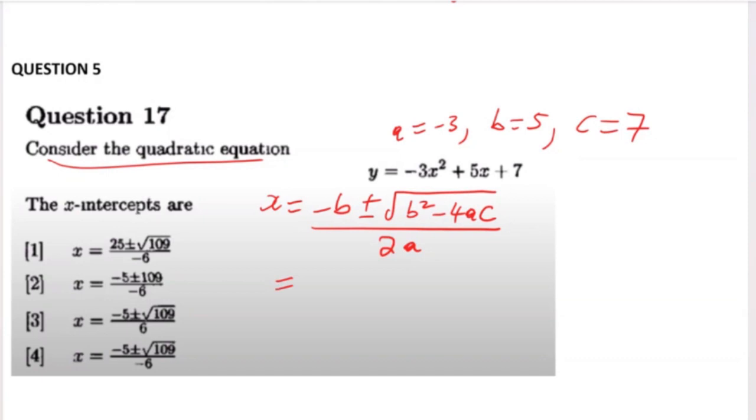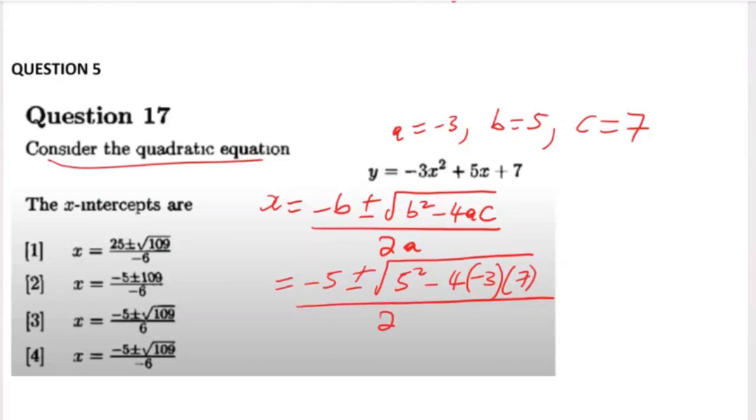Your b is 5, so you're going to have -5 plus or minus the square root of 5 squared minus 4, times a which is -3, times c which is 7, and then you divide that by 2 times a, which is -3.